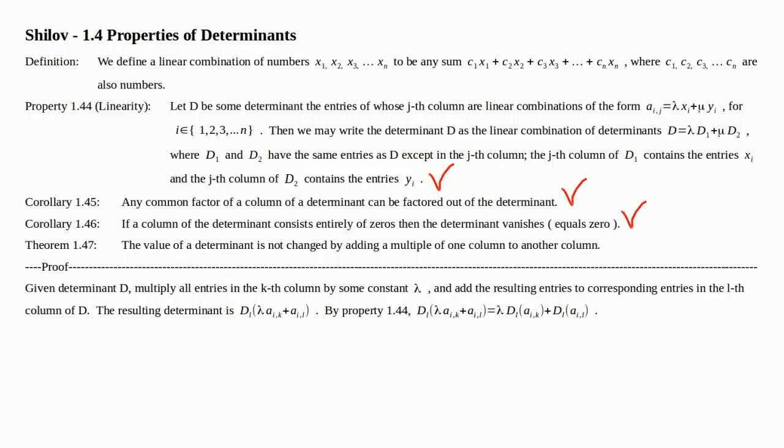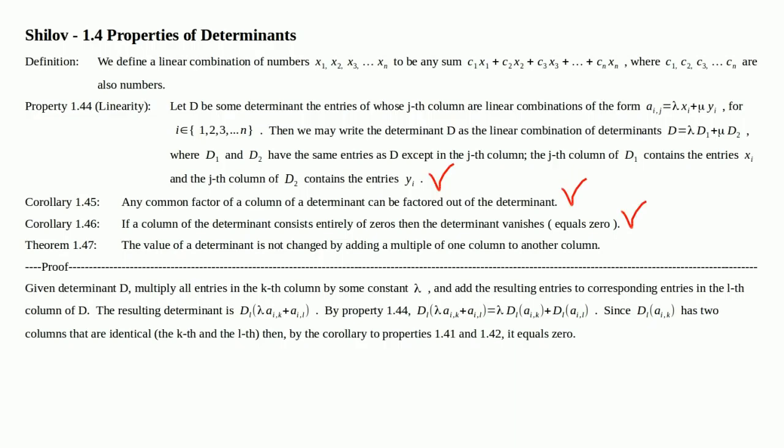That is where we can break it up into a linear combination of determinants where we replace the lth column with A sub ik and then also A sub il. So we're using property 1.44 to break it up.